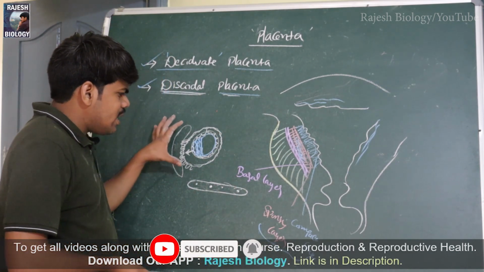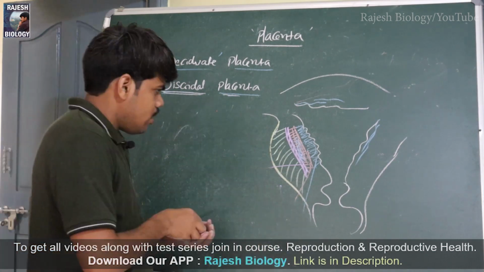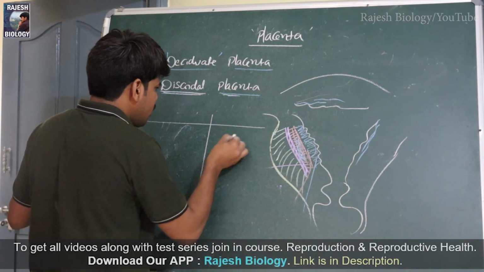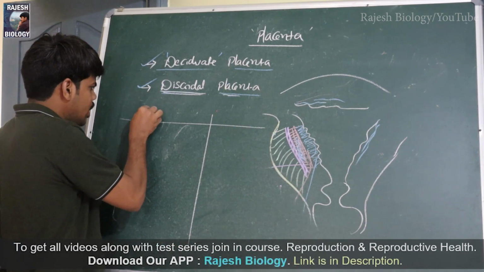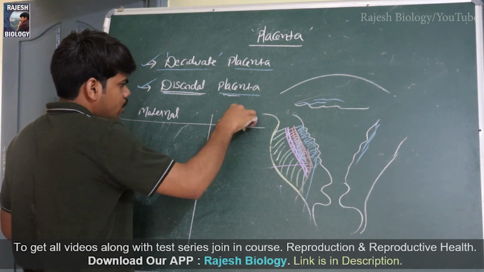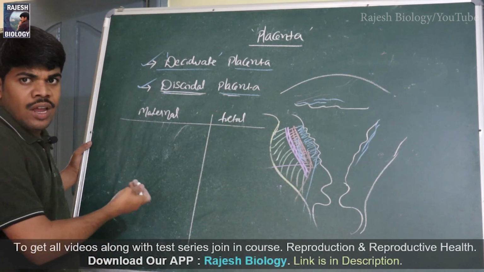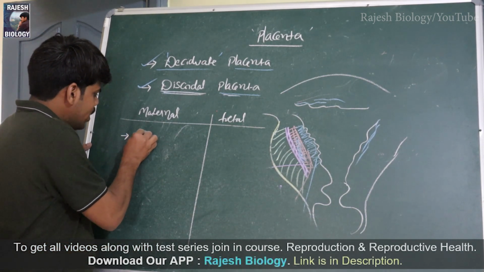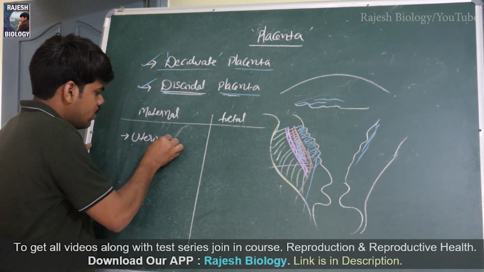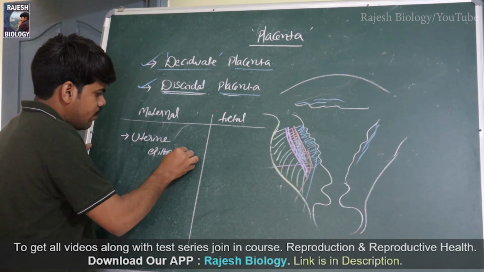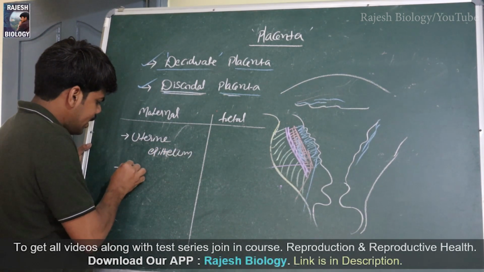Okay. And how this placenta is formed, I'll let you know. First of all, let's divide the placenta into the maternal tissue and the fetal tissue, the fetal part of the placenta and the maternal part. In the mother's part, the uterine epithelium participates, and the uterine connective tissue.